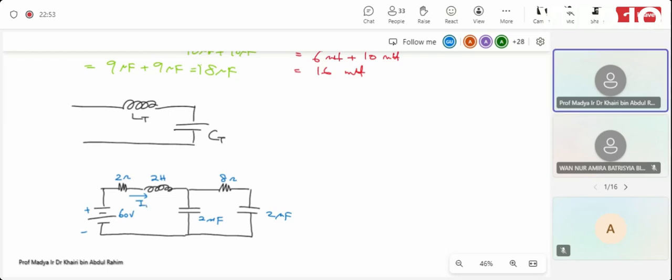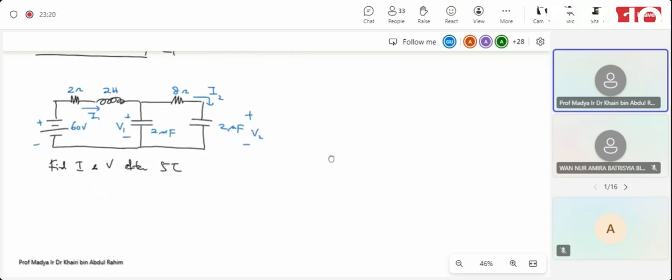I1, V1, V2, I2. The question asks you to find current and voltage after 5 tau.